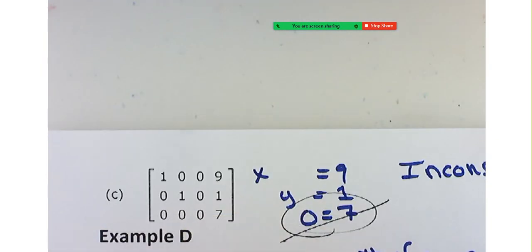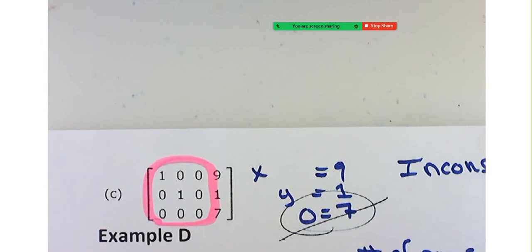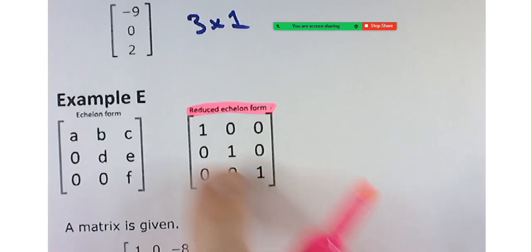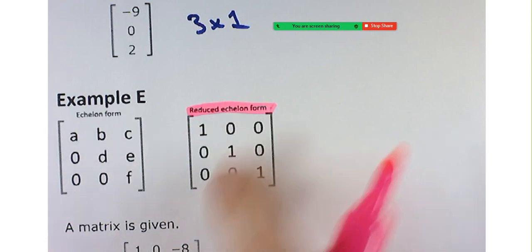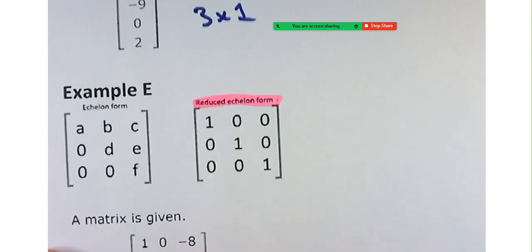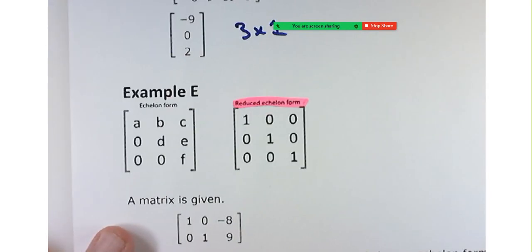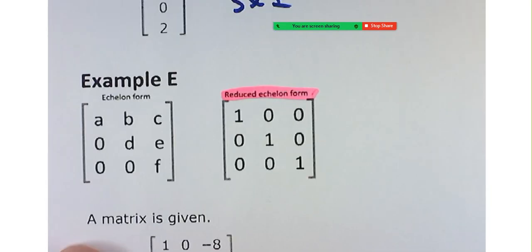The row echelon form just refers to this little piece right here. So it's that square matrix there. And if everything is 1 on the diagonal and 0 off the diagonal, then it's in, excuse me, reduced row echelon form.